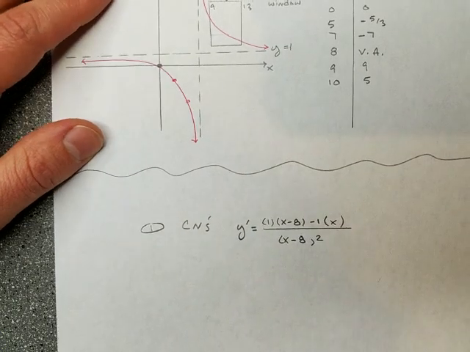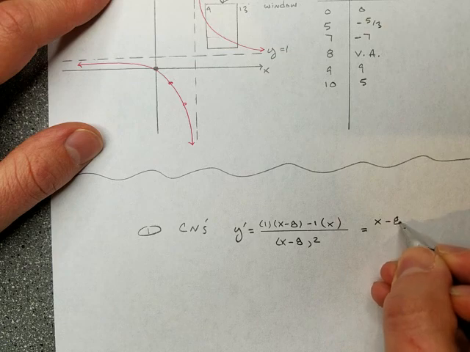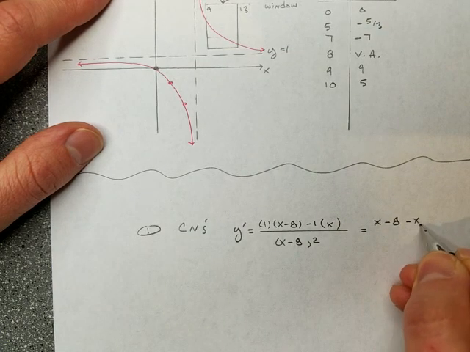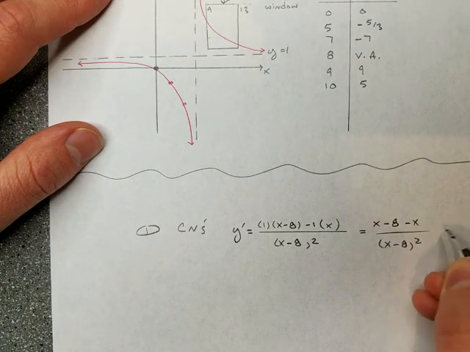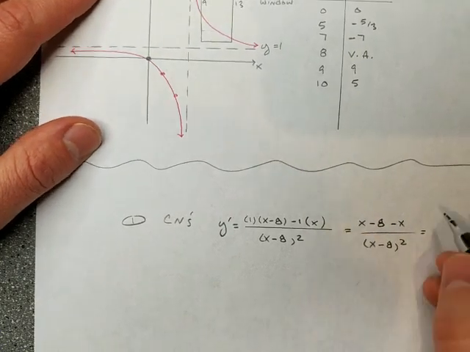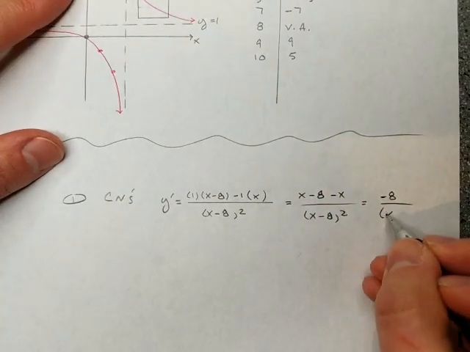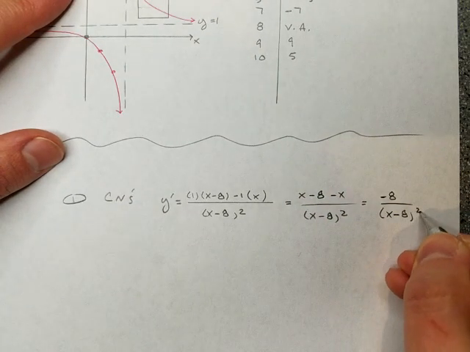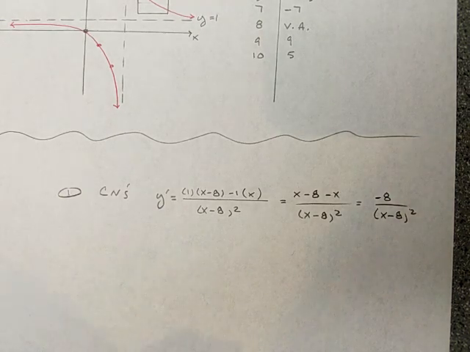And we get like that, okay. And then we get x minus 8 minus x over x minus 8 squared. And so this ends up being just negative 8 over x minus 8 squared. All right. So there's my y prime.